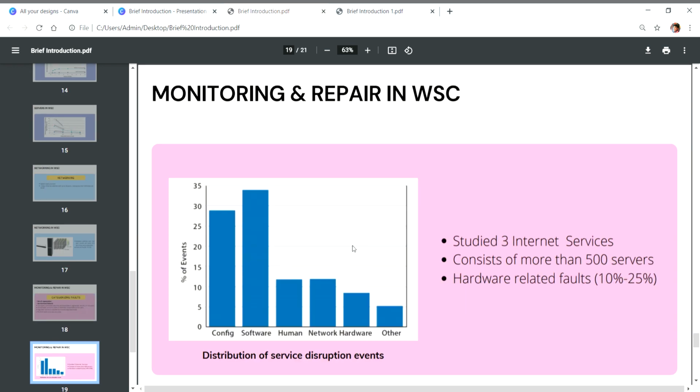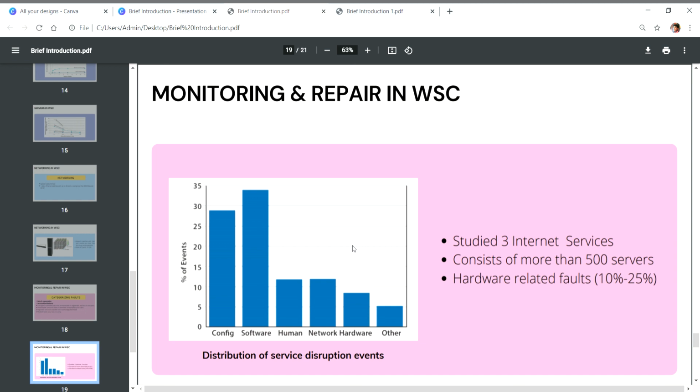In a WSC, it is useful to understand the faults in terms of their likelihood of affecting the health of the whole system, such as causing outages and other serious service level disruption. This is also part of the studies.